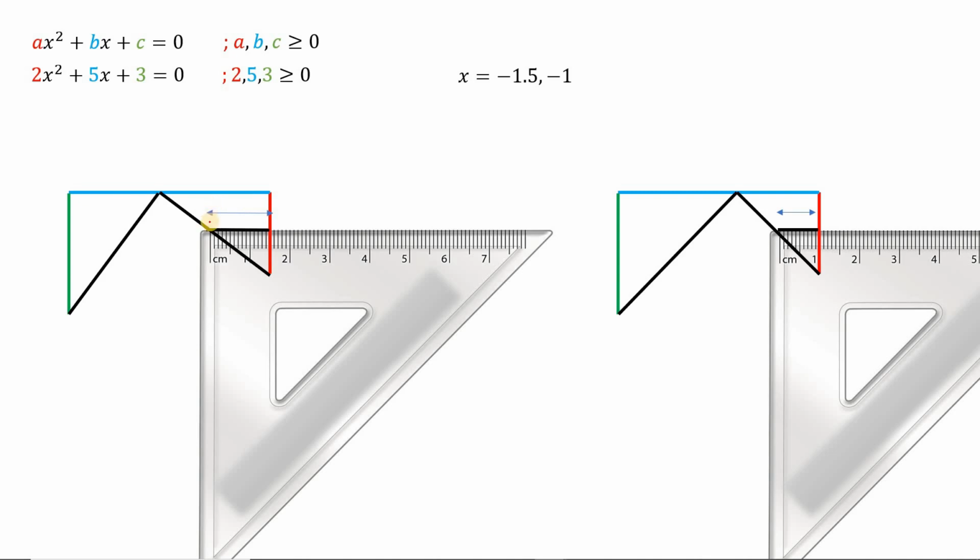Then we just measure the distance from here to here and measure the distance of this horizontal line. So this horizontal line is 1.5 cm and this is 1 cm.